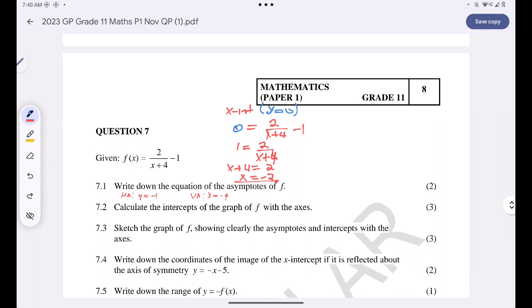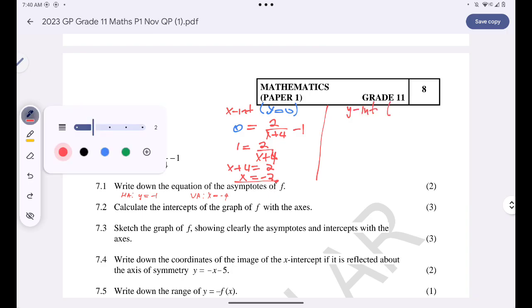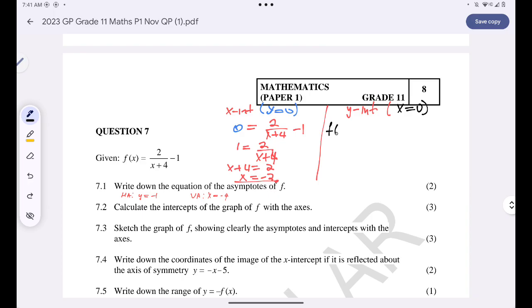And for the y-intercept, I don't care what kind of graph I'm dealing with, I know that x is always equal to 0 on the y-axis. So all I need to do is substitute 0 whenever I come across x, and then solve for y. Basically, I'm looking for f of 0. This would give me 2 over 0 plus 4 minus 1.